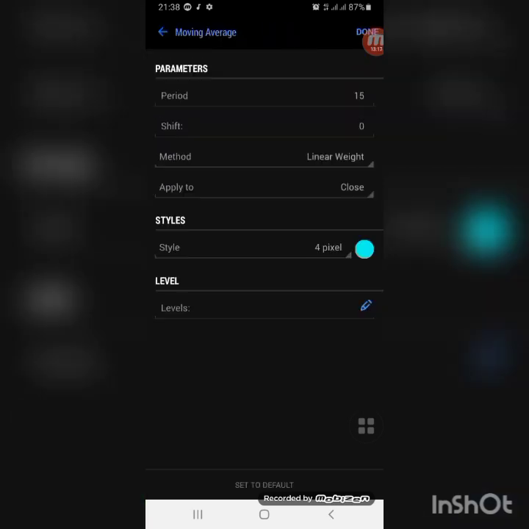Okay, next one here, we'll have period 15 also, shift is 0, linear weighted is the method, apply to close. I choose sky blue. That is the one that you should pay more attention to, because it is the one that crosses whether up or down. So you should pay more attention to this moving average.